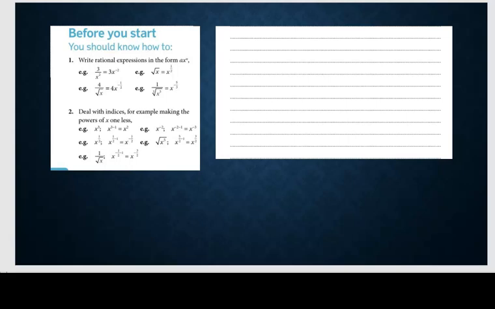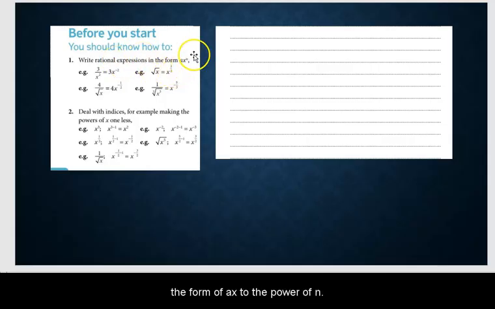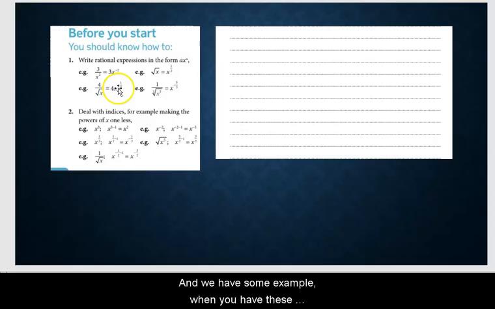Conceptual understanding. From Topic 7, what do we know in terms of how to rationalize simple expressions? So we have this expression, right? A rational expression in the form of ax to the power of n. And we have some examples.